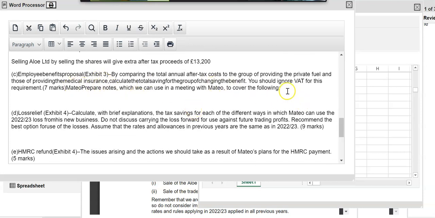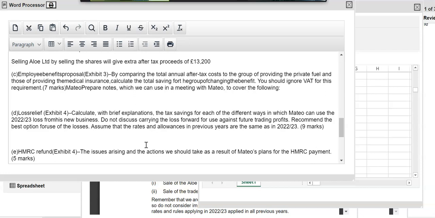Okay, so employee benefit proposal by comparing the total annual cost of the group providing the private fuel and those providing the medical insurance. Okay. Calculate the total savings for the group.